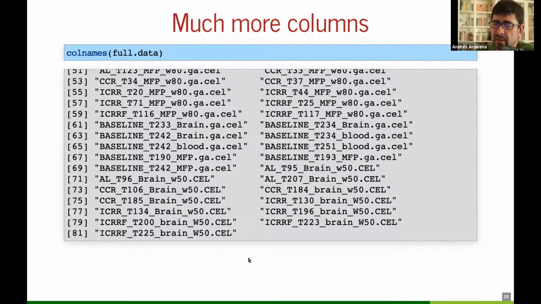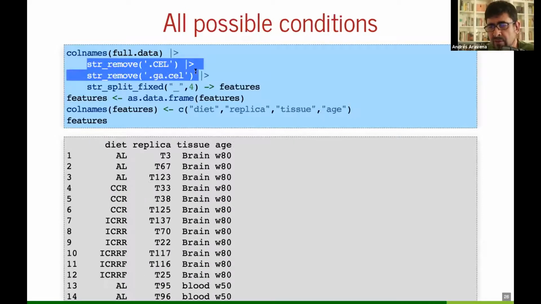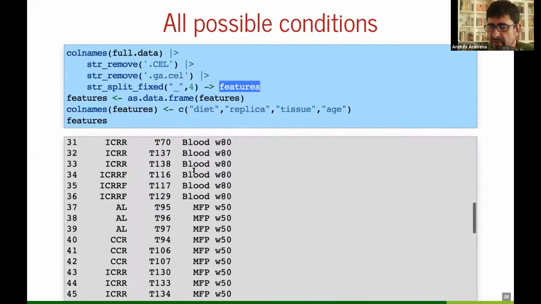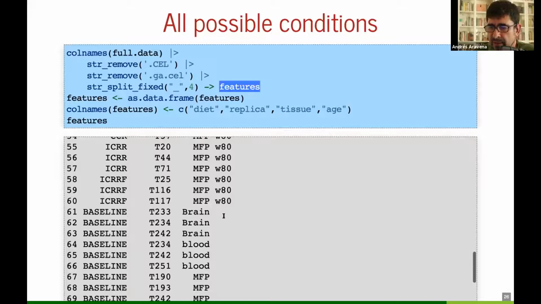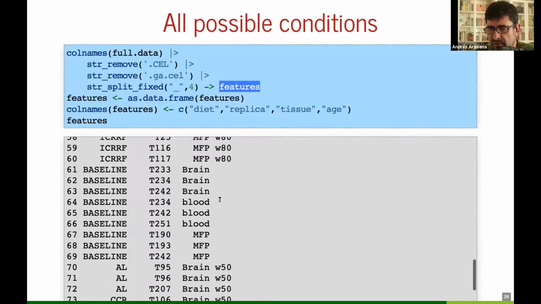Anyway, these 2 commands remove that extra, and here it is split into 4 columns in a matrix that I later move to a data frame, and I put column names so they make sense. So we have 4 columns: diet, replica, tissue, age, and for the baseline there's no time. So maybe I should correct that. I'm not sure if that is relevant or not.